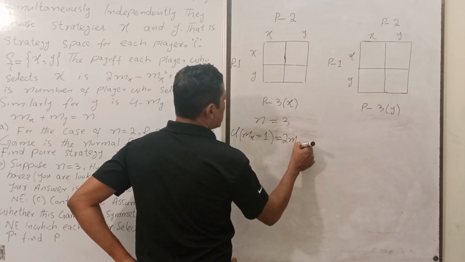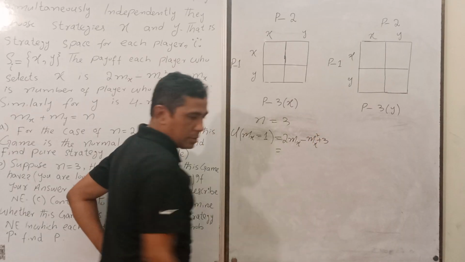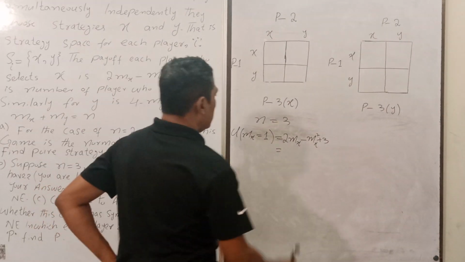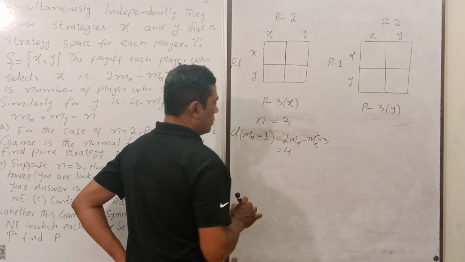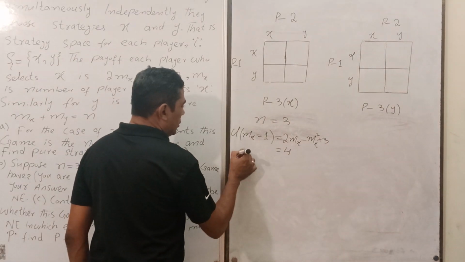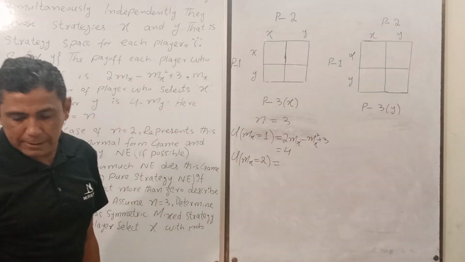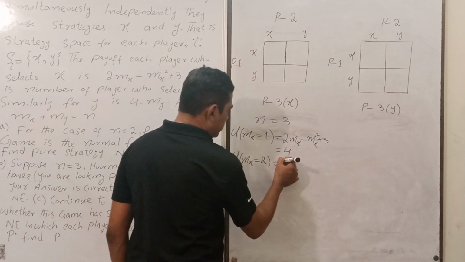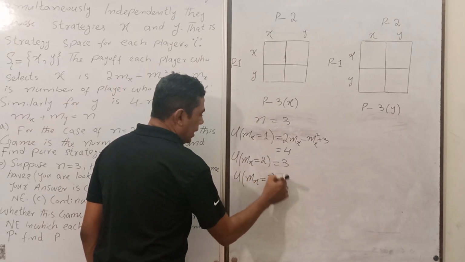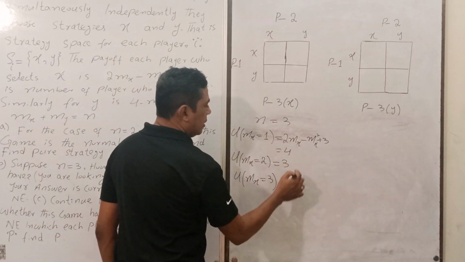Again 2mx minus mx square plus 3. We calculated that in the previous lecture; when mx equal to 1, that was 4. I'm not going to calculate again. And for mx equal to 2, we have calculated, that was 3. This is additional here when mx equal to 3. So when mx equal to 3, plug in 3, so it becomes 0.